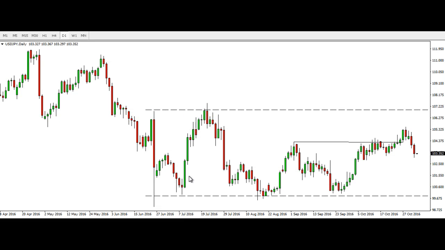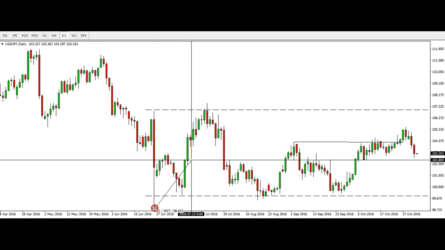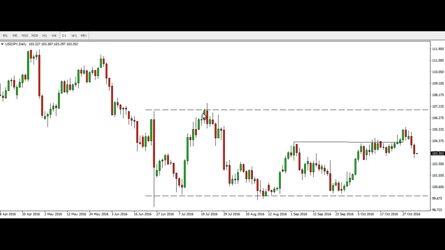Exit somewhere in this level, entered here, stop here or here. So that was a 400 pips stop with a target of, yeah, also 400 pips, but let's say the trader made 360, 380 pips.